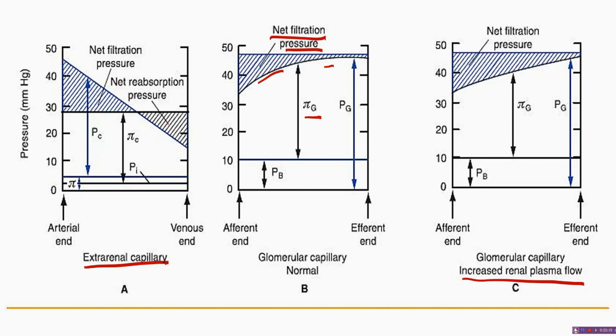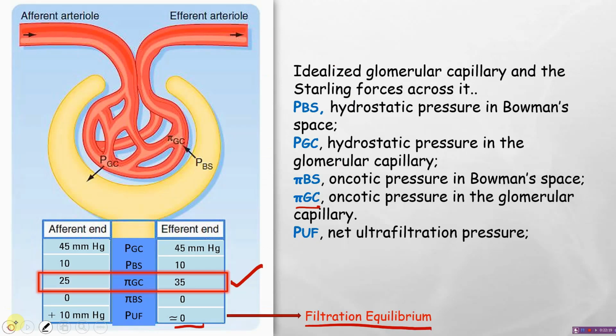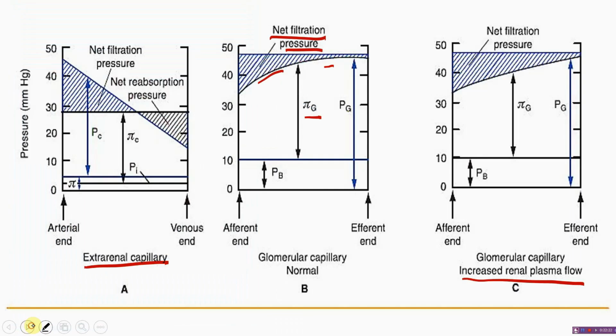So this zero filtration equilibrium point shifts to the efferent end. So the filtration actually increases when the renal blood flow is increased.